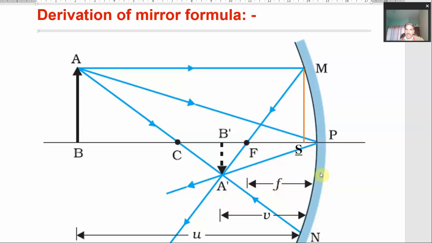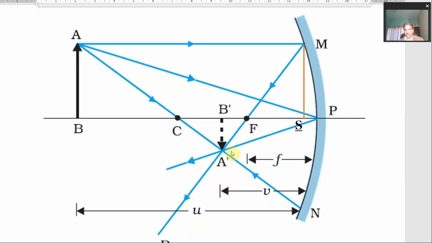Now to begin with, we consider two triangles, A'B'F and AMS... these two triangles, A'B'F and FMS. These two triangles are similar triangles, right? Because their corresponding angles are equal. Because the two triangles are similar, the ratio of their corresponding sides will be the same, or we can say equal.